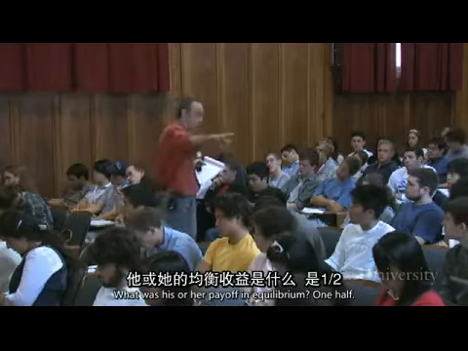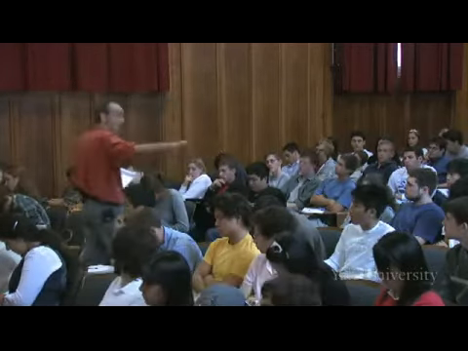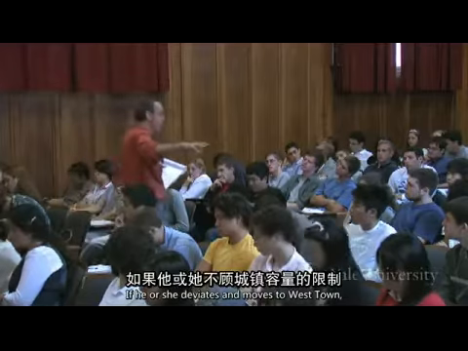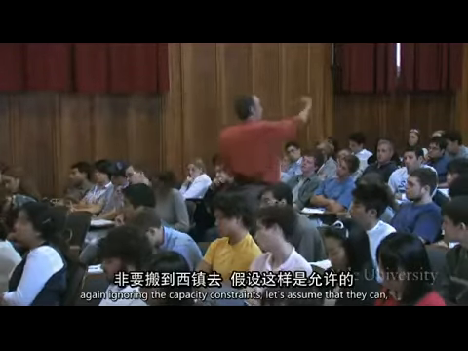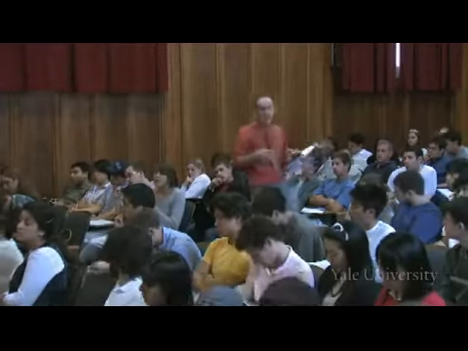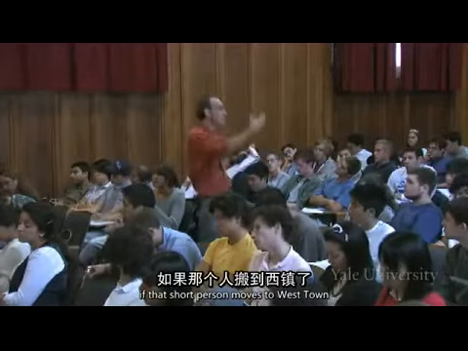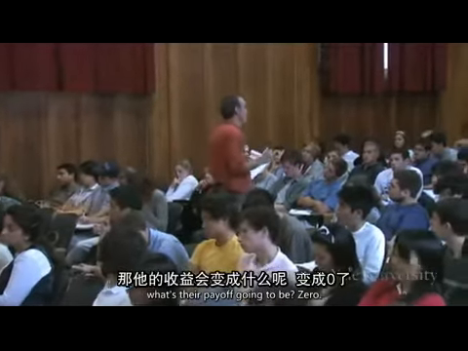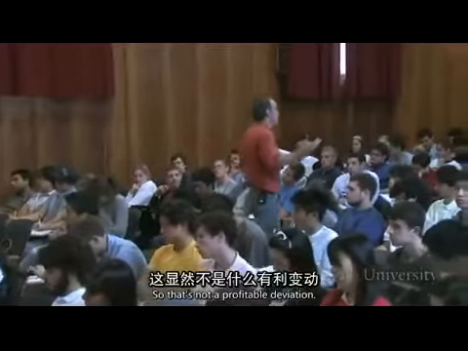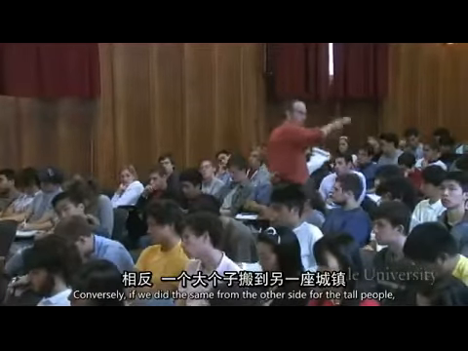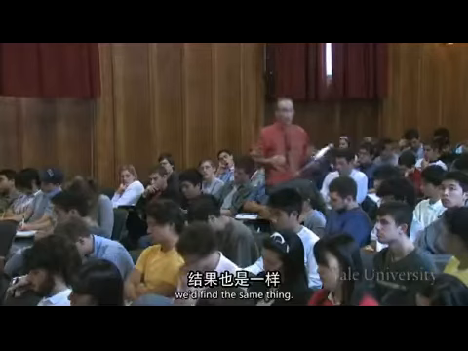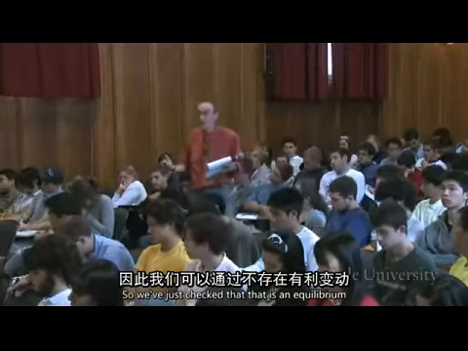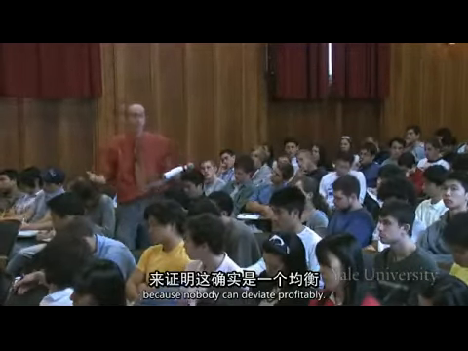What was his or her payoff in equilibrium? 1/2. If he or she deviates and moves to West Town, again ignoring the capacity constraints, let's assume that they can, what's their payoff going to be? 0. So that's not a profitable deviation. And conversely, if we did the same from the other side, for the tall people, we'd find the same thing. So we've just checked that it is an equilibrium because nobody can deviate profitably.